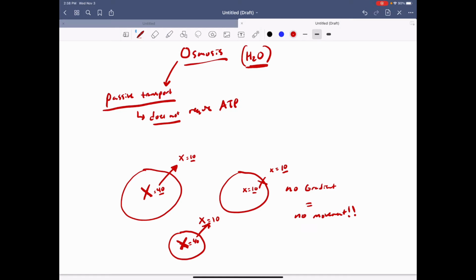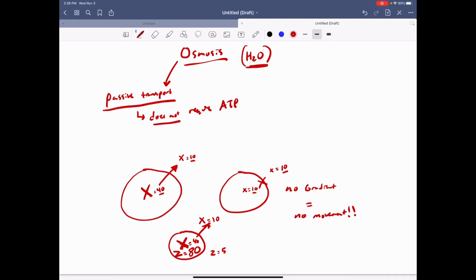So then, let's just say we have molecule Z, okay? Let's just do Z, all right? And it is going to be 5. And inside, it's going to be, let's do something crazy, let's just say 80.